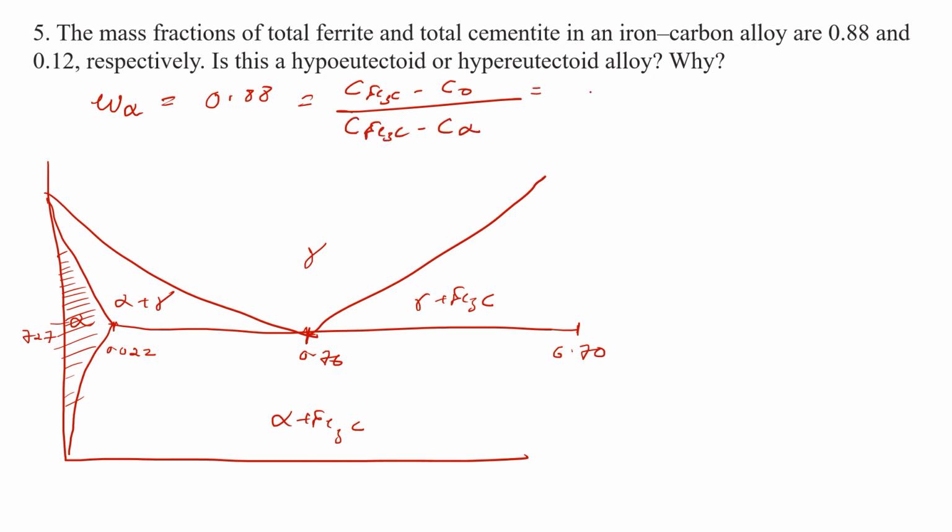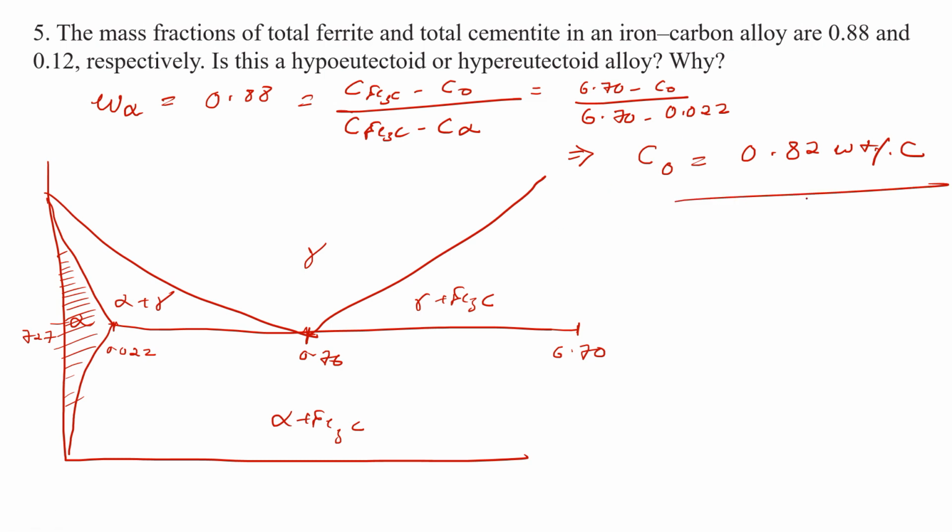That gives me 6.70 minus C naught, which is unknown here, divided by 6.70 minus 0.022. Upon solving, C naught should be about 0.828% carbon.